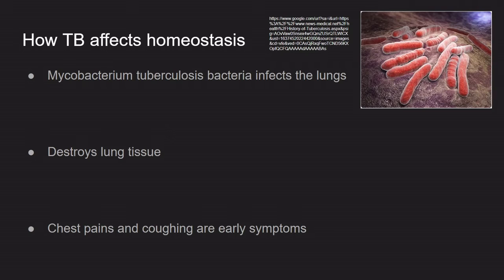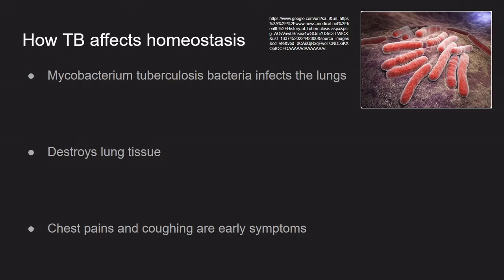Tuberculosis is caused by the Mycobacterium tuberculosis bacteria infecting a part of the lungs. Other parts of the body can be infected by tuberculosis, but mainly it's the lungs, and parts around them can also be affected in smaller cases.